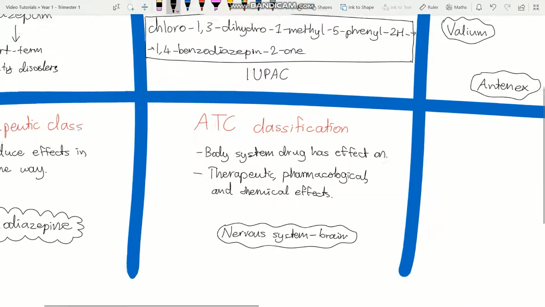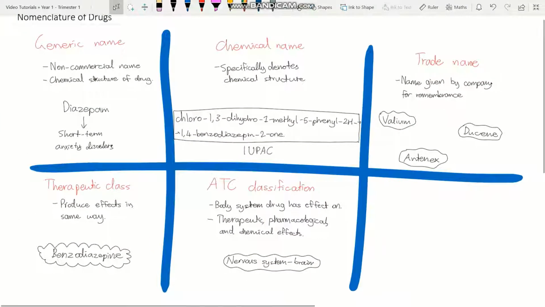So in conclusion, these are the 5 different types of nomenclature that exist for drugs.